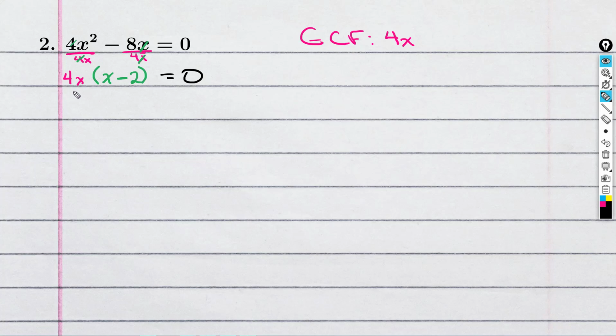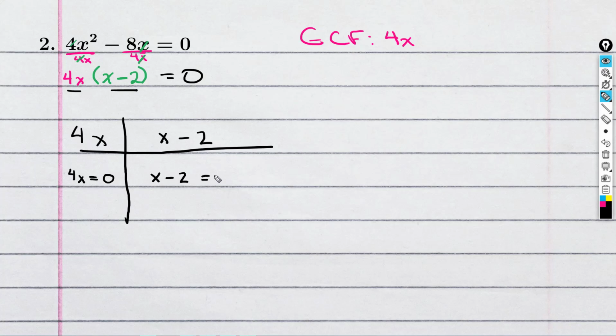So again, I have my 2 factors. So I take and make my chart. This time I have a 4x for one of the columns and an x minus 2 for the other. So 4x equals 0, and x minus 2 equals 0. If I was to solve this, to get that 4 away from the x, I would need to divide. So therefore, x equals 0.